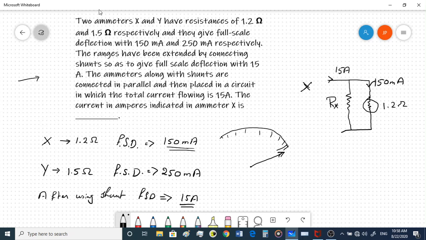The purpose of putting a shunt is that all the current apart from 150 milliamperes can pass through this shunt resistance. So in this case it would be 14.85 amperes, which is 15 minus 0.15 ampere. 0.15 ampere is passing in this branch, so the other branch will have a current of 14.85 amperes at full scale.